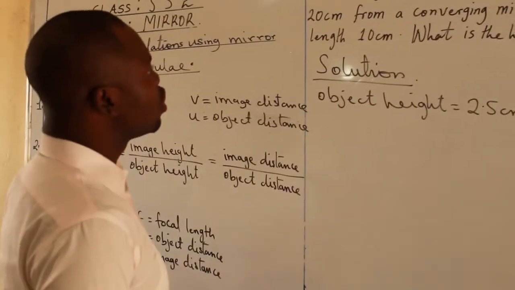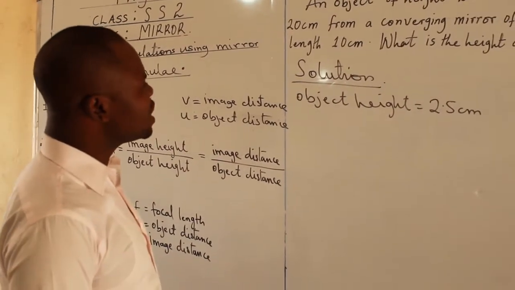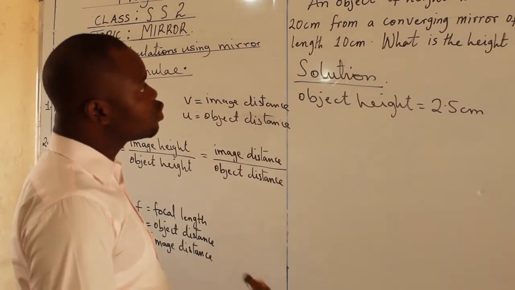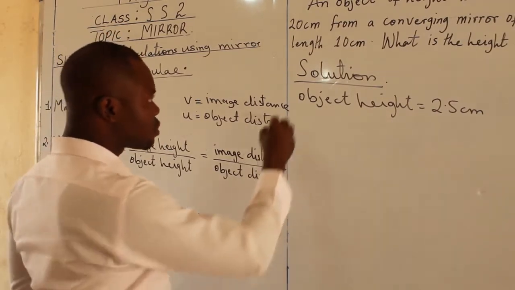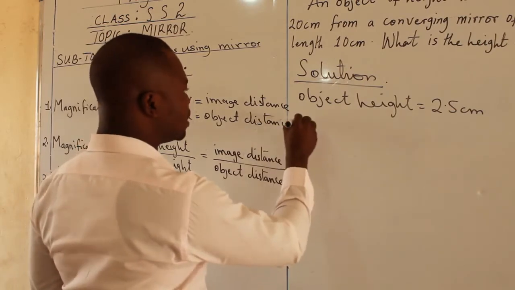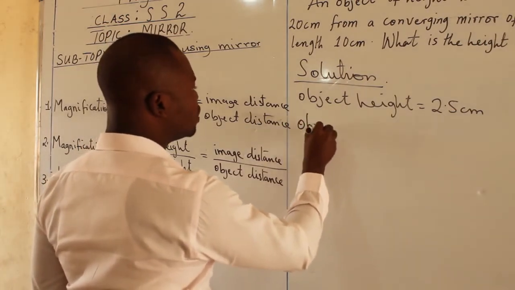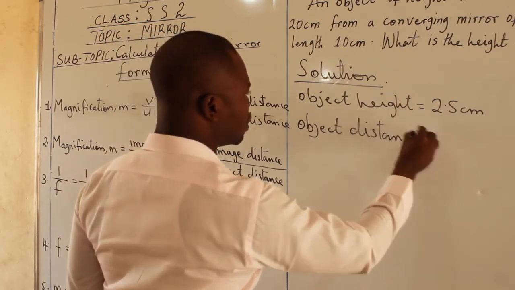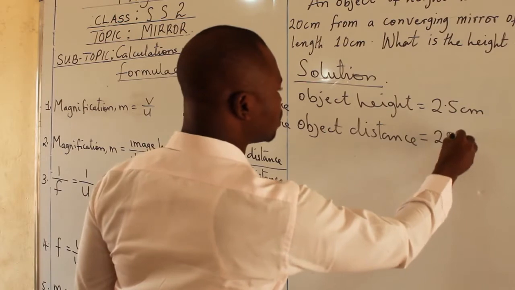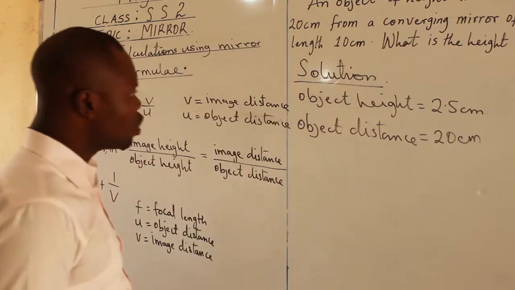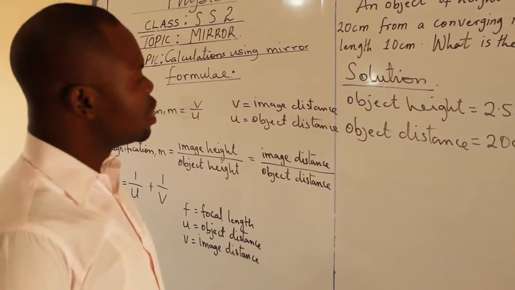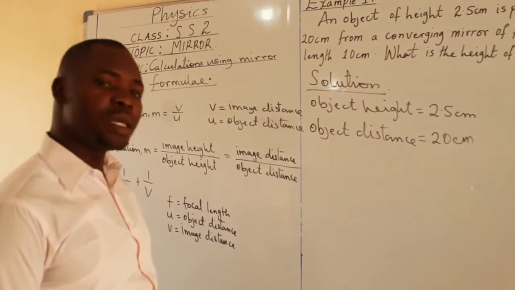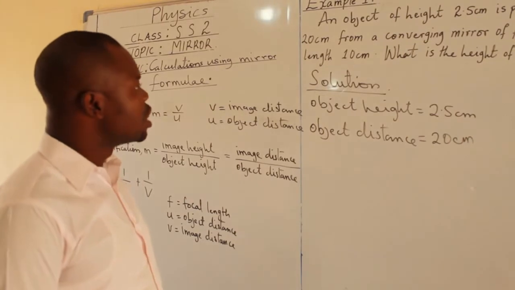And then we are also told that the object is placed 20 centimeters in front of a converging mirror. So we have object distance equals 20 centimeters.